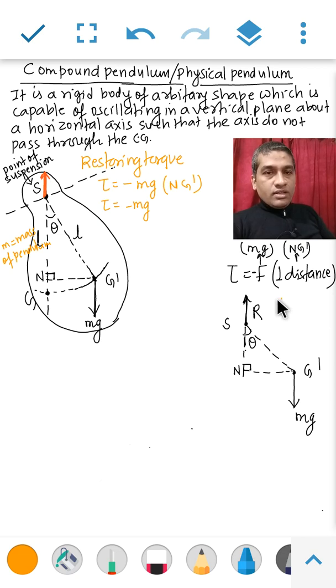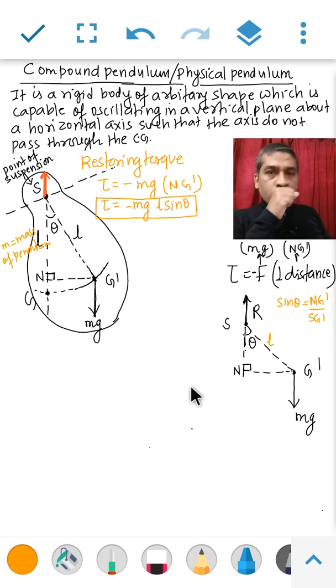We can see from this figure sine theta is NG dash by SG dash, perpendicular by hypotenuse, and SG dash is L. So we can write NG dash equals L times sine theta. So this is the restoring torque. Clear? This is equation 1.